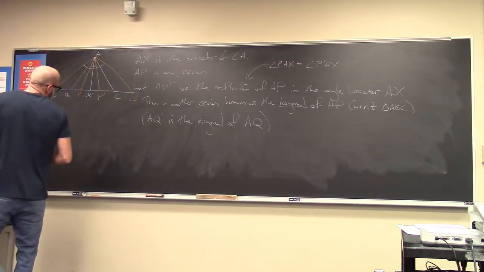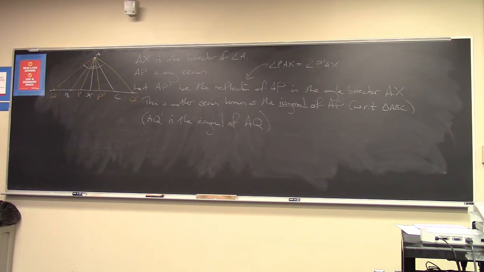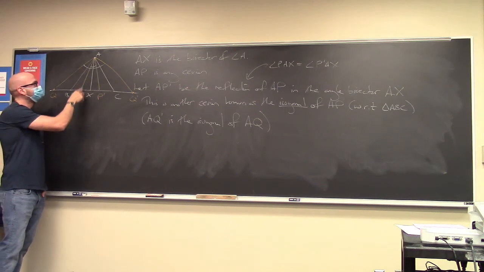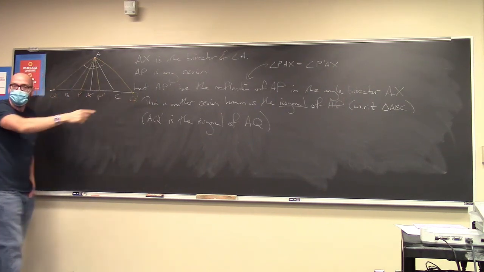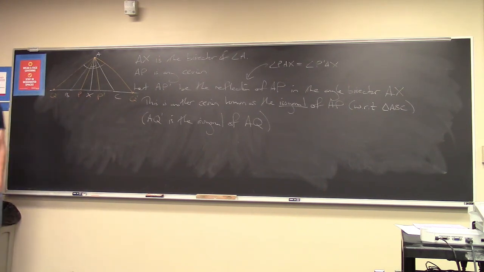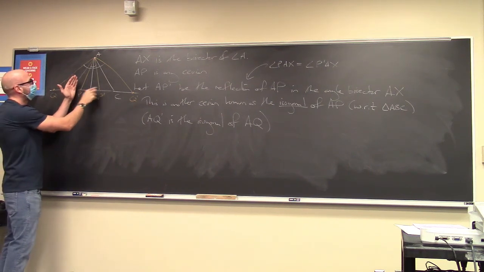So if I was going to write one theorem right now based on isogonals, what might I state? Well, you'll notice that the isogonal of an interior Cevian in this drawing gave me an interior Cevian, and the isogonal of an exterior Cevian gave me an exterior Cevian. Can you see that that's always going to be true? Why was this one interior?